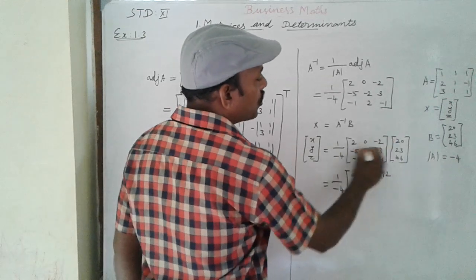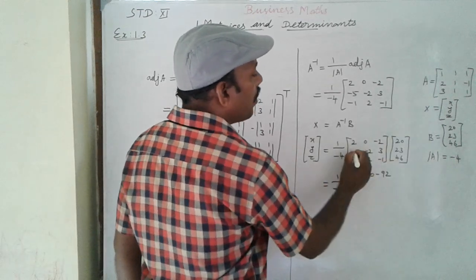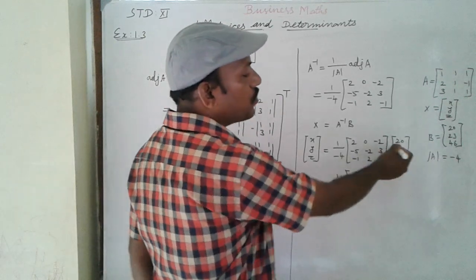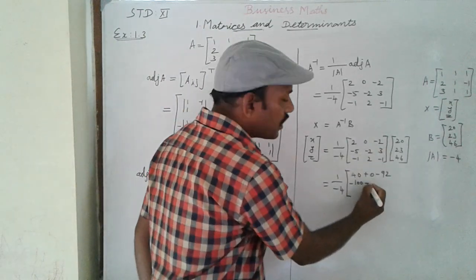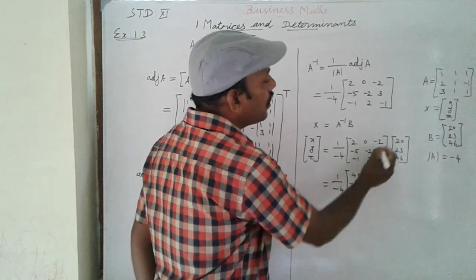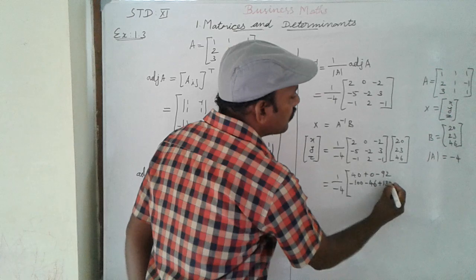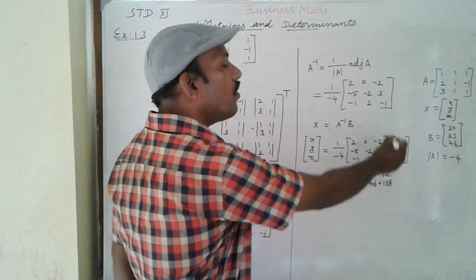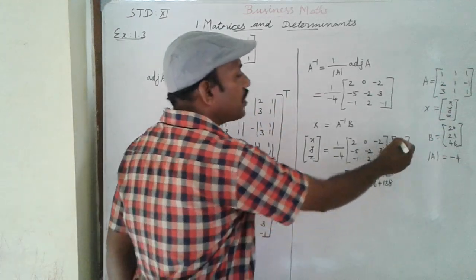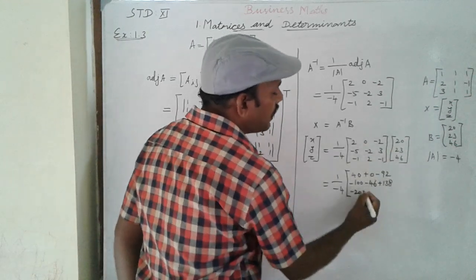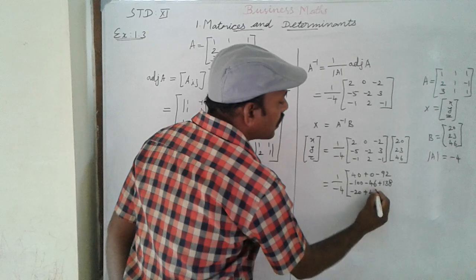Next row, second row, first column: minus 5 into 20 is minus 100. Minus 2 into 23 is minus 46. 3 into 46 is plus 138. Next third row, first column: minus 1 into 20 is minus 20. 2 into 23 is plus 46.